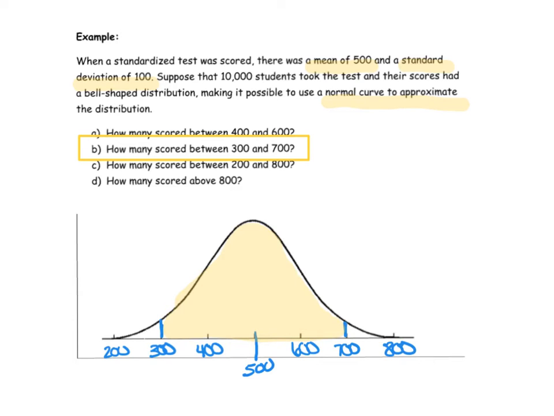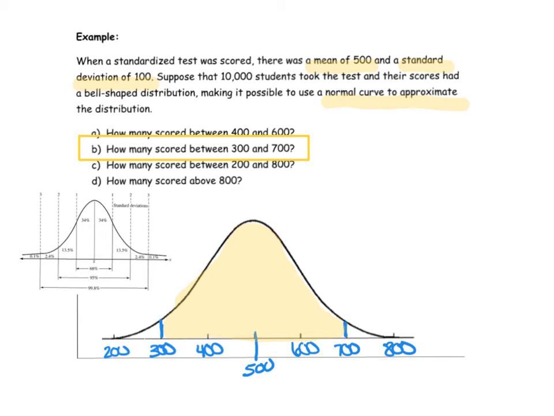For the next problem, we're looking for how many students scored between 300 and 700. So we find 300, make a line. We find 700, make a line. And since it says between, we shade everything in between. So we're looking for what percentage, first of all, students fall in this, and then after finding the percentage, we'll figure out the exact number of students.